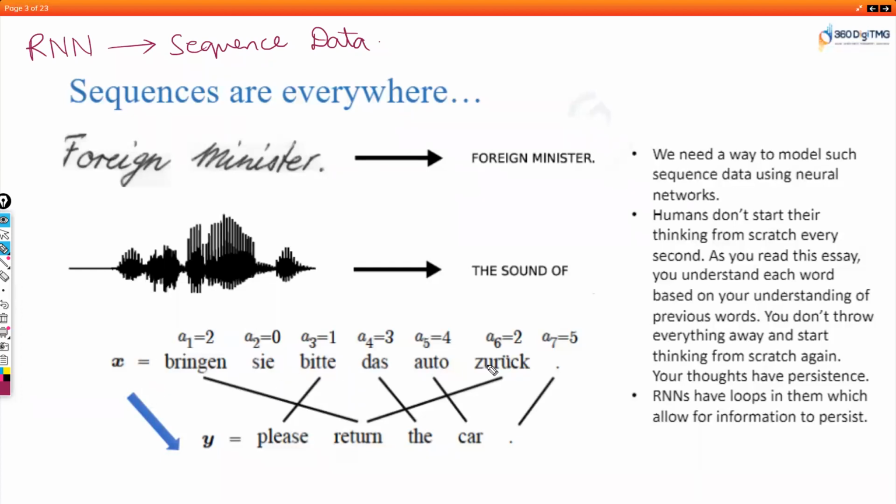Sequence of text. And when you have sequence data, you can also deal with time series data. If you have time series data, then also recurrent neural networks can be applied.